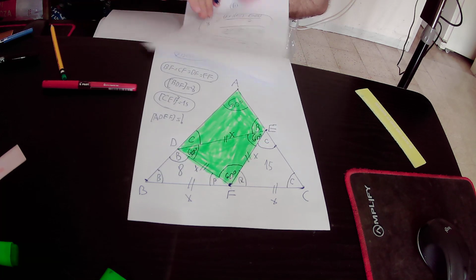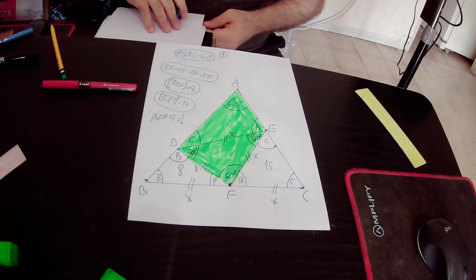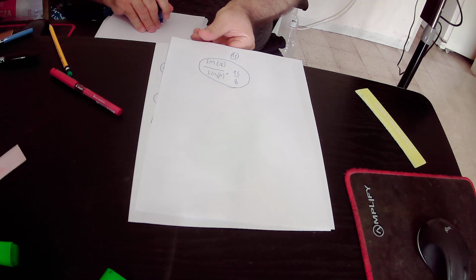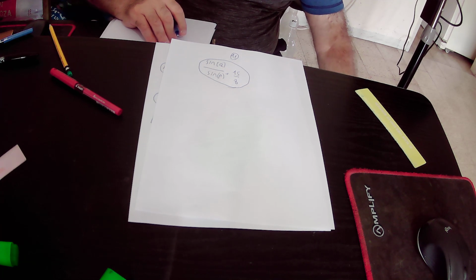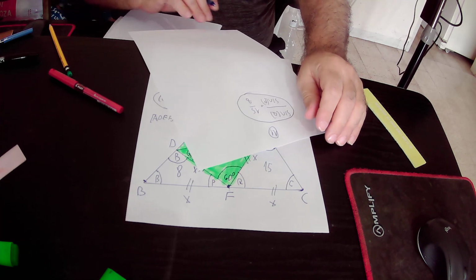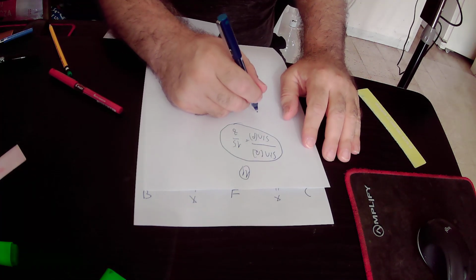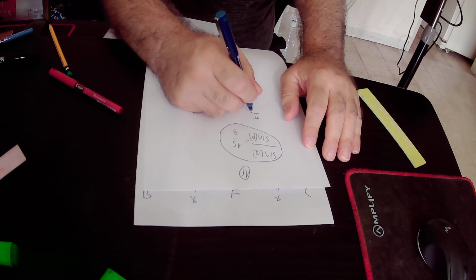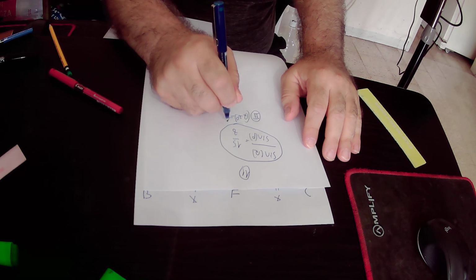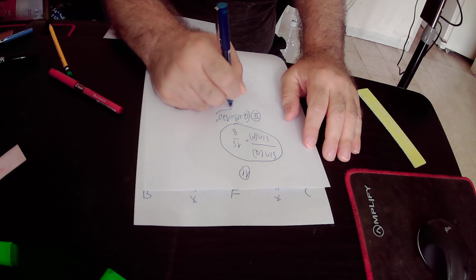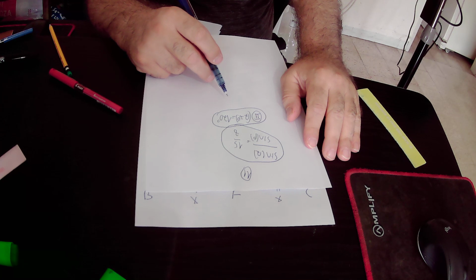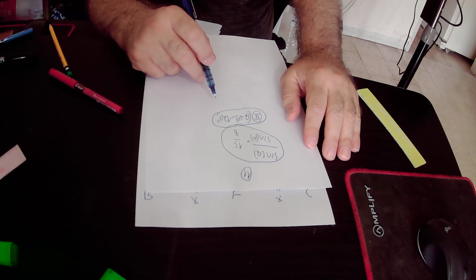Okay, so we got this trigonometric equality that sine Q over sine P equals 15 over 8. But we have already found out, in question number 2, that Q plus P equals 120 degrees.